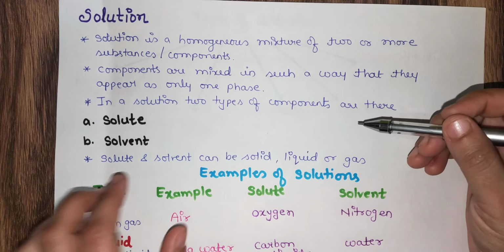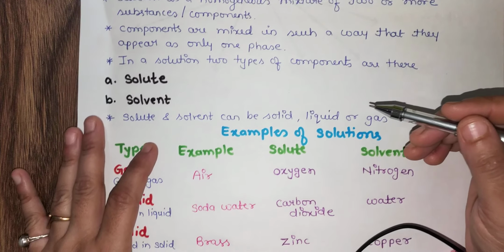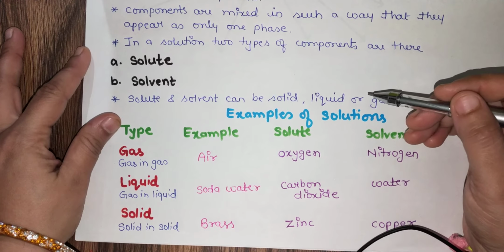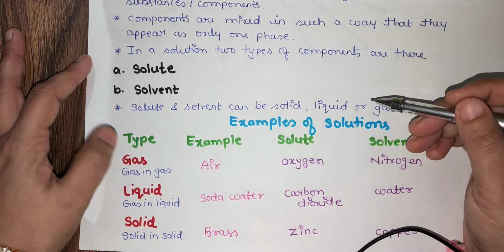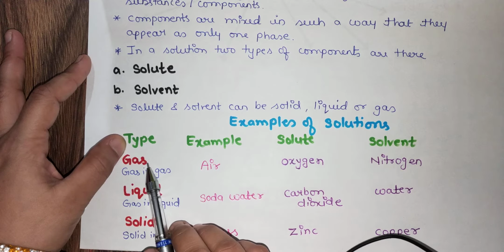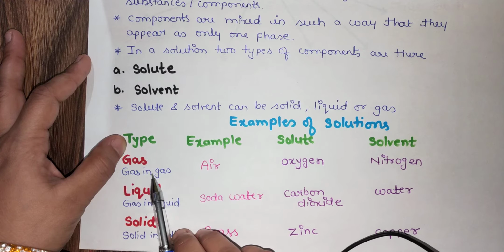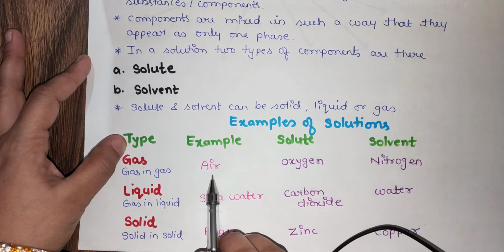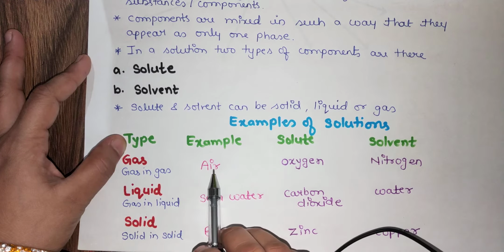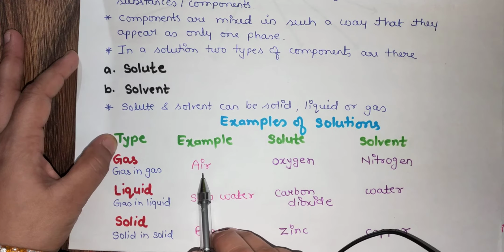Let us see the examples of solutions. If you take a type of gas solution, then gas in gas, for example air. You can see that air is a homogeneous mixture. Why?